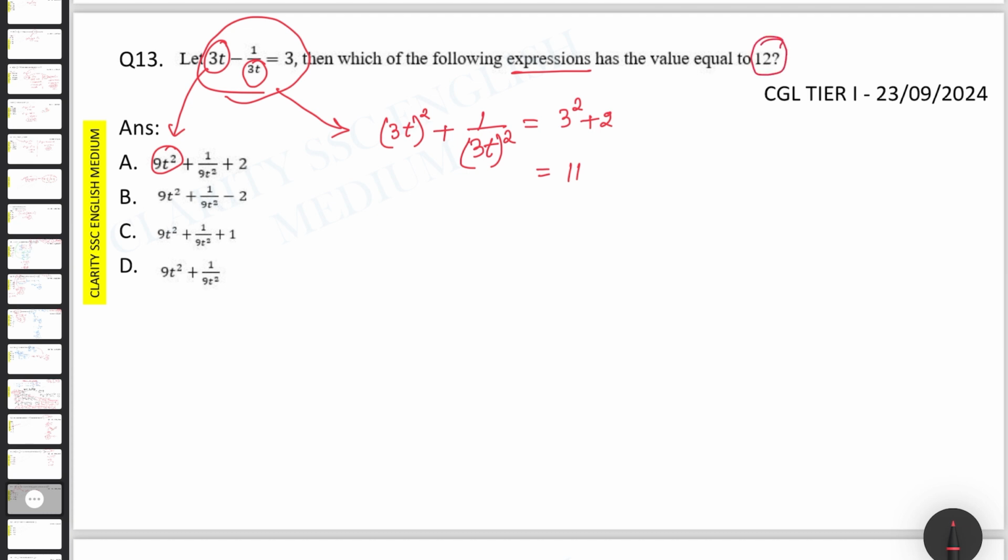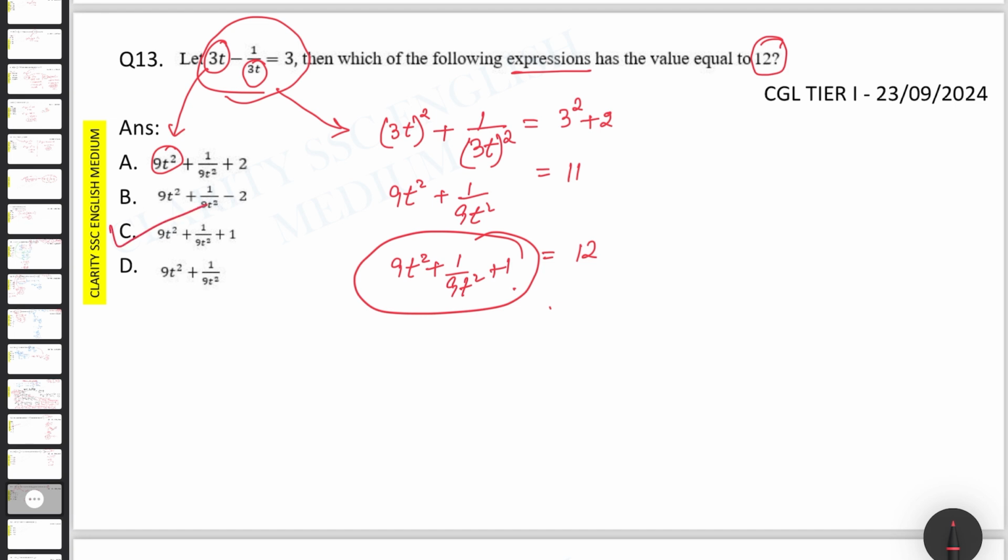If the question is asked which expression will become 11, then it will be this one: 9t square plus 1 by 9t square. If you want it to become 12, then add 1 here. 9t square plus 1 by 9t square plus 1 is the correct answer, because this one becomes 11. In order to become 12, we need to add plus 1. So option number C is the correct answer. C for cake.